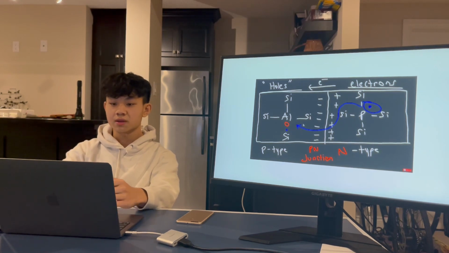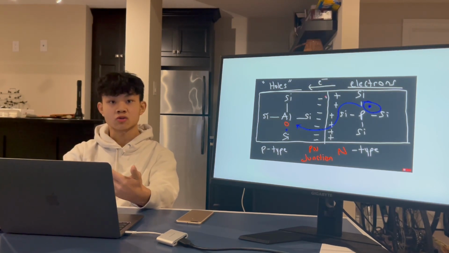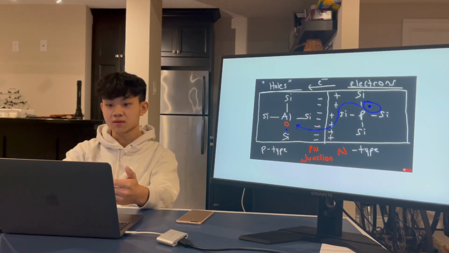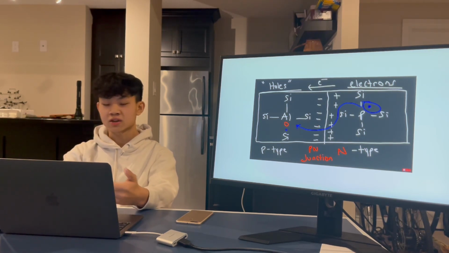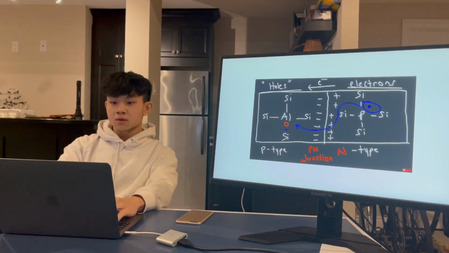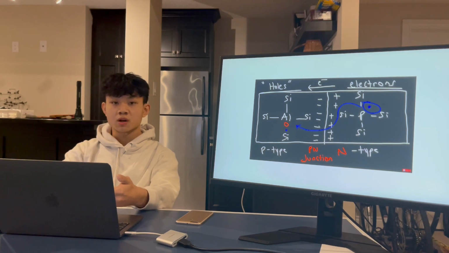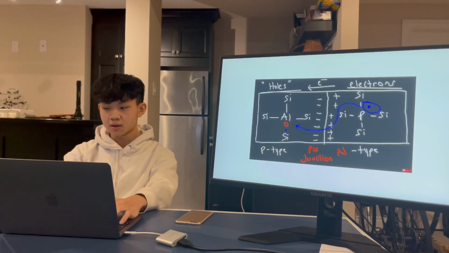So there will be an electric field force buildup going towards the left side, and as more electrons pass through, this force is repelled by the electrons themselves, because as you know, like charges repel. At one point, these two forces will reach a point of equilibrium, and this is known as the contact injection potential.